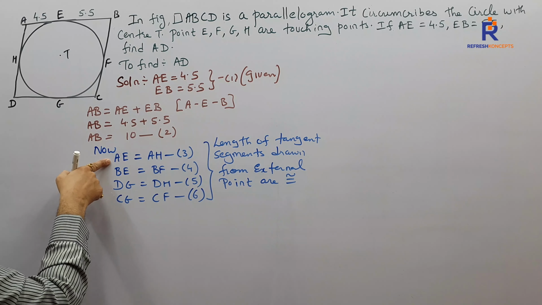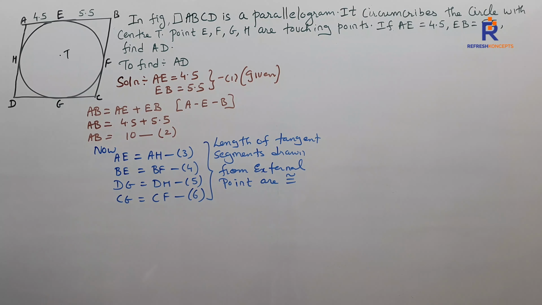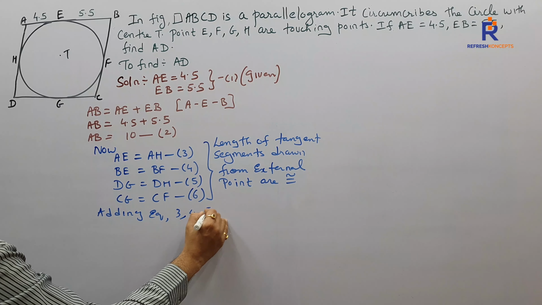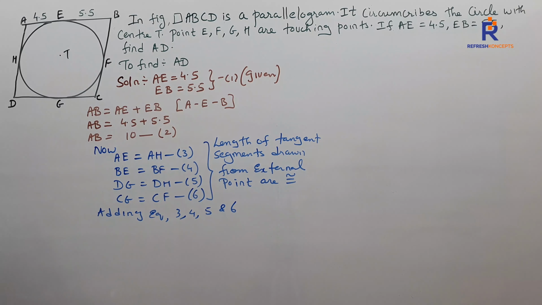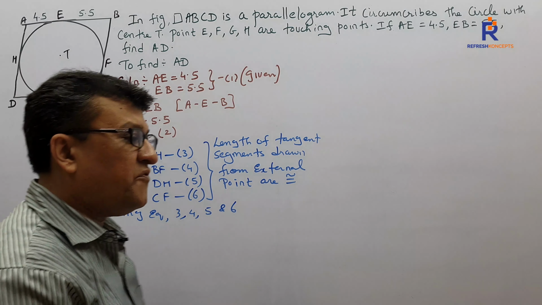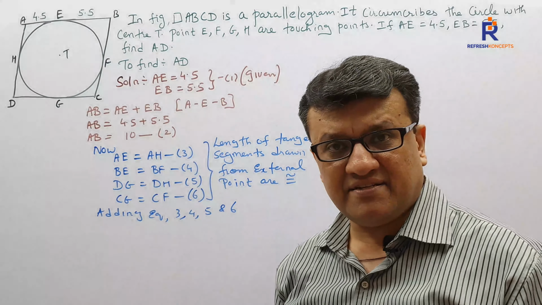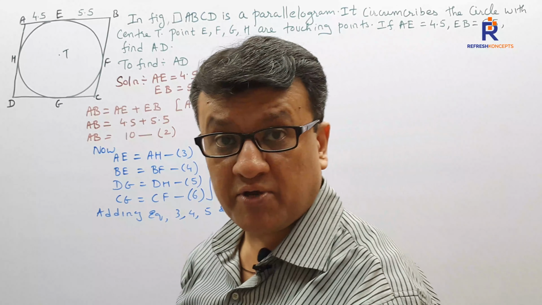Thereafter, what am I going to say? If I add 3, 4, 5 and 6, will I get something? So let's add equations 3, 4, 5 and 6. But before that, a very simple question, children.